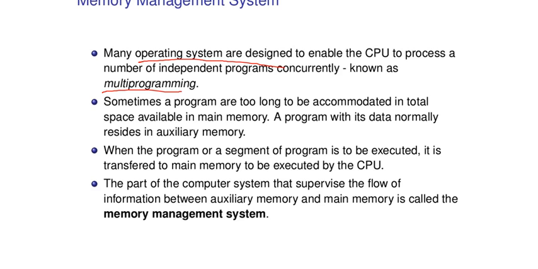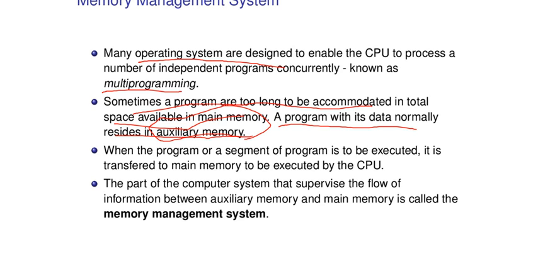So we know that sometimes programs are too long to be accommodated in the total space available in the memory. I have discussed it in one of my earlier slides. Sometimes the program which is to be executed is larger than the total available main memory. Then what we do, we only store some part of that program in our main memory, and all the remaining part resides in the auxiliary memory.